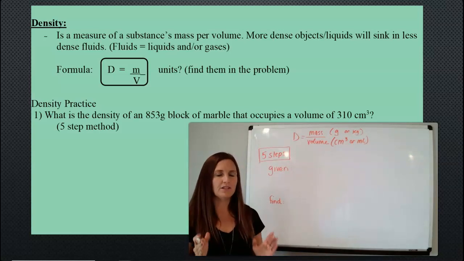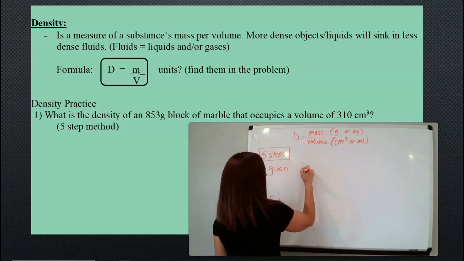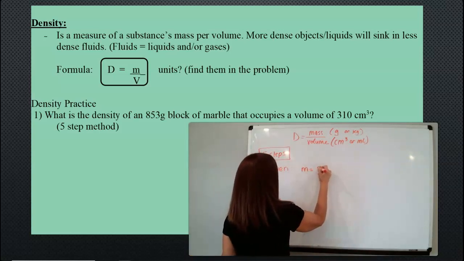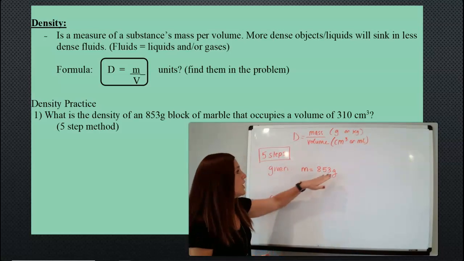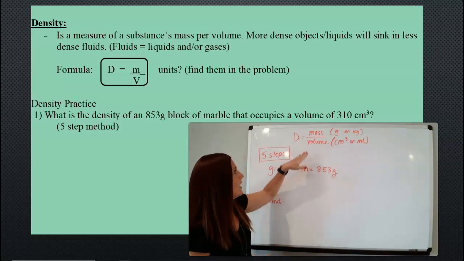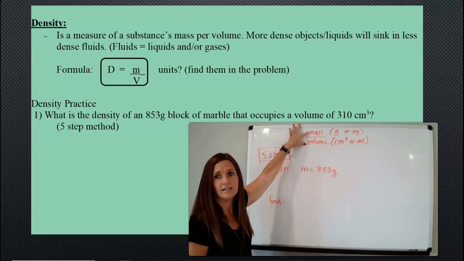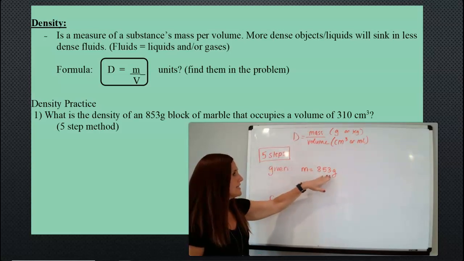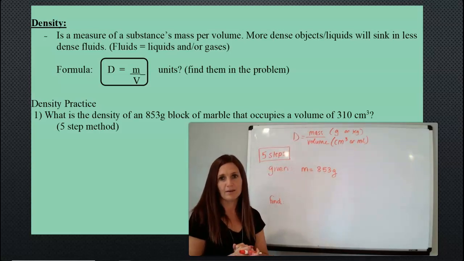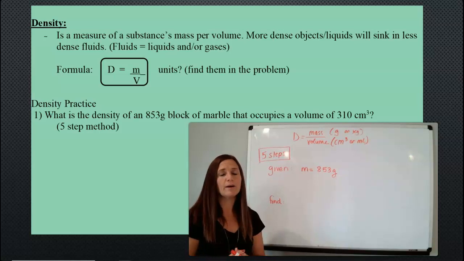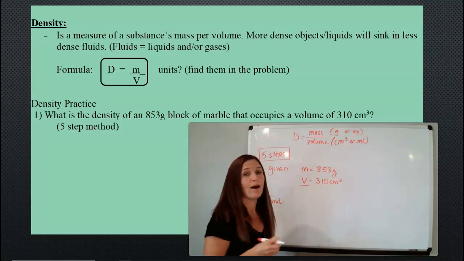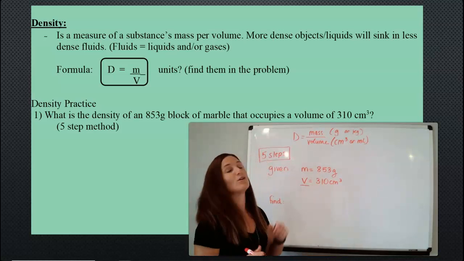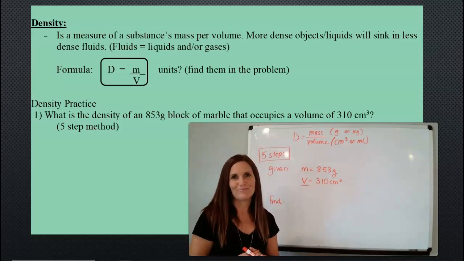That 853 grams is a mass, so I would plug in M equals 853 grams. This is a really fundamental part of the 5-step method. You need to identify which variable in the equation is the value that you were given in the problem. It occupies a volume of 310 centimeters. That was a little easier because it said it occupies a volume. That's how you know that 310 is a volume.